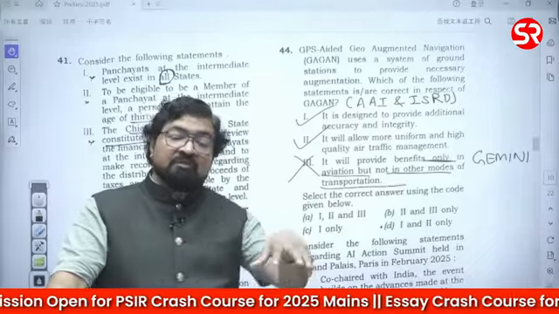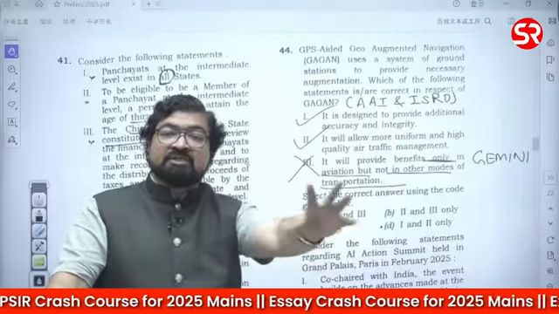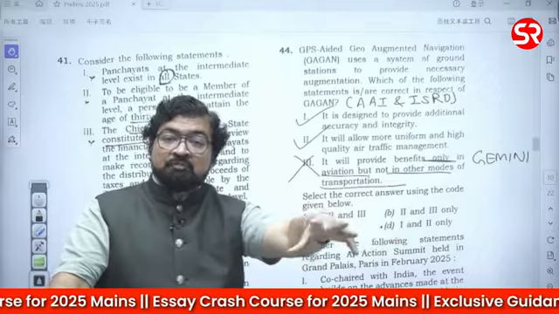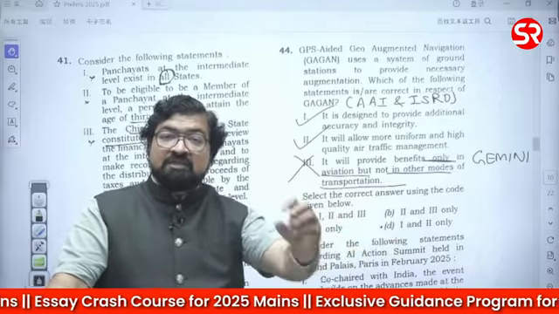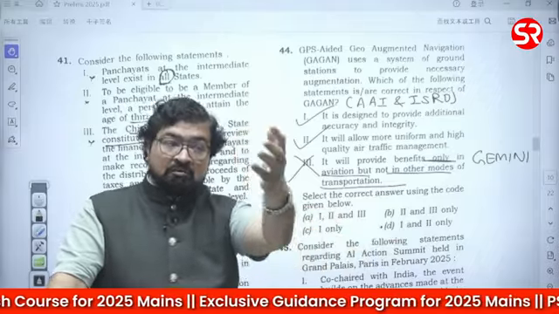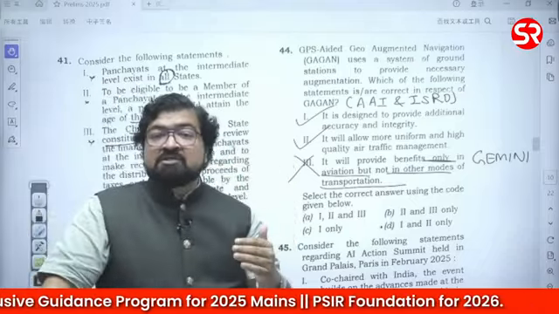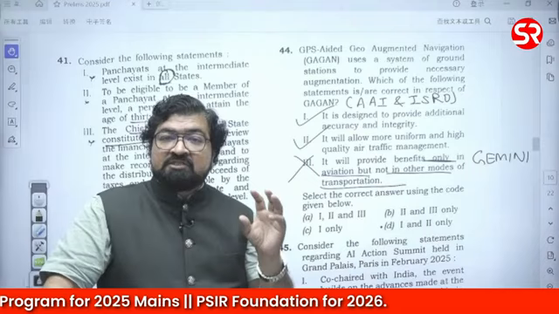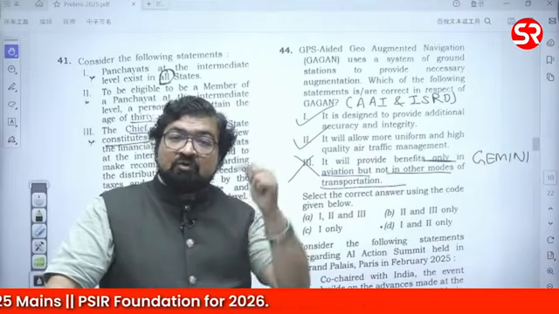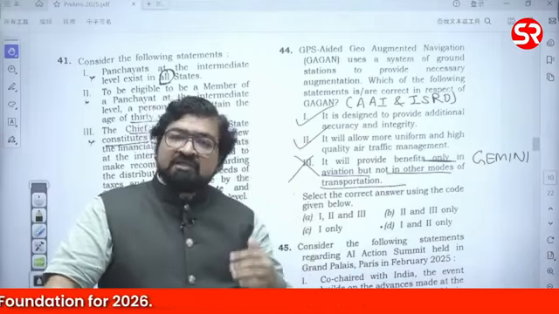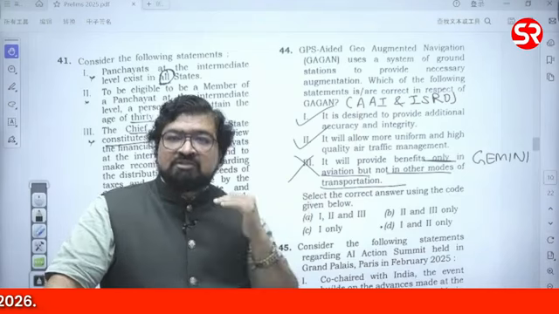It can even tell fishermen where there is a congregation of fishes, the potential fishing zone, PFZ. Not only that, it can even tell about the weather forecast, cyclones, and all those kinds of natural calamities. So it is a very, very important system built which works on the GAGAN system. Even it can be done for other kinds of transportation systems also.